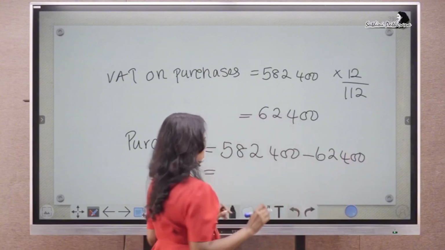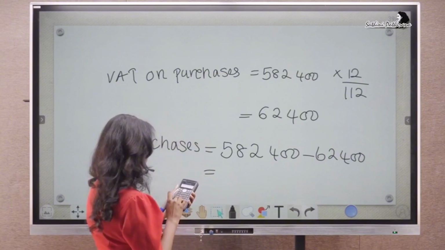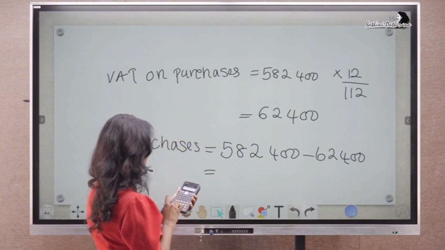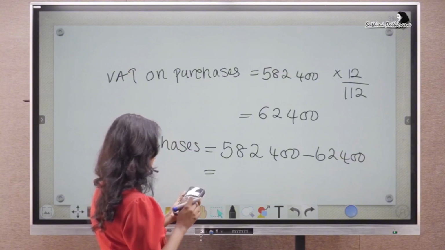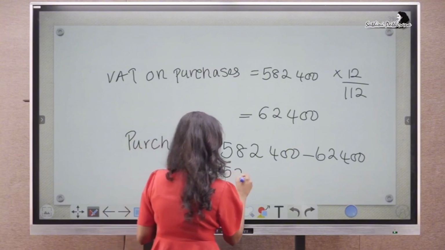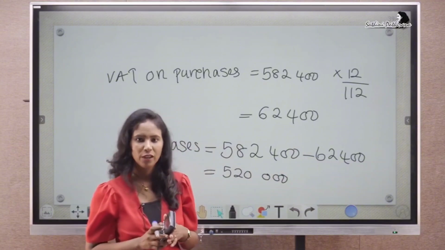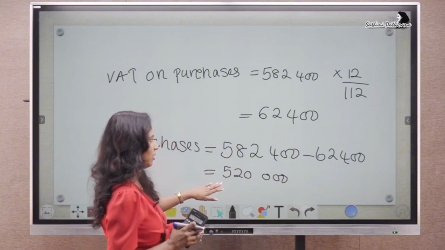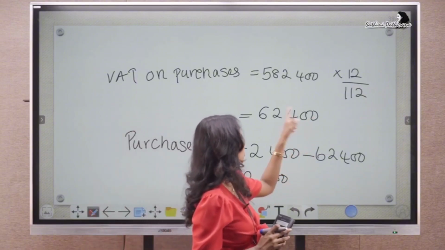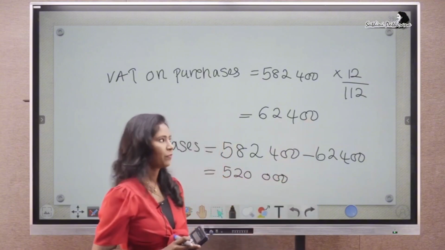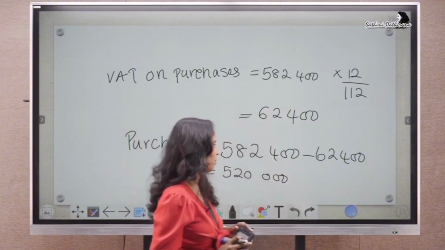Then you can calculate your actual purchases figure. 582,400 minus 62,400, so we are getting 520,000. 520,000 is your actual purchases figure. If you want to double check, you can calculate this one into 12%. You should get 62,400. If you take the original amount into 12%, then you are not getting that same answer.